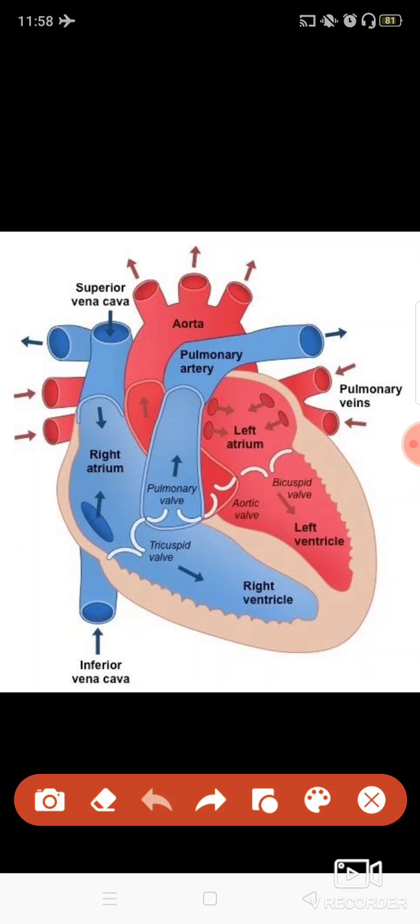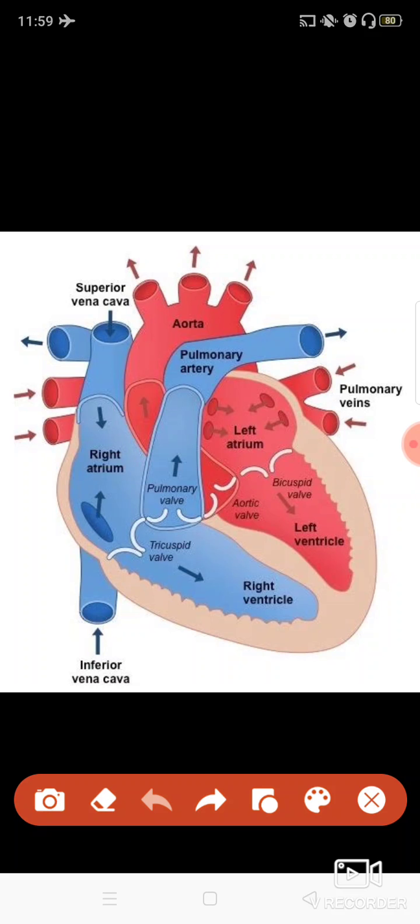Heart and lungs are connected to each other, so the blood which is coming from here, which is not having oxygen, will move to the lungs and the lungs will add the oxygen there. So pulmonary artery, as I told you, is the only artery which carries the impure or deoxygenated blood. So now you can see how it is going to work.